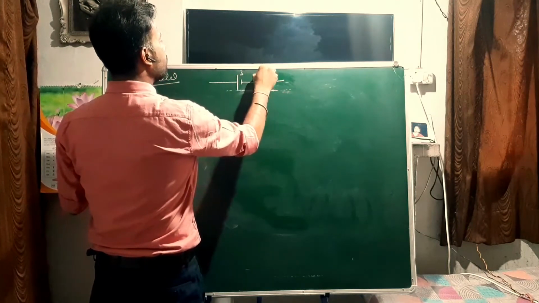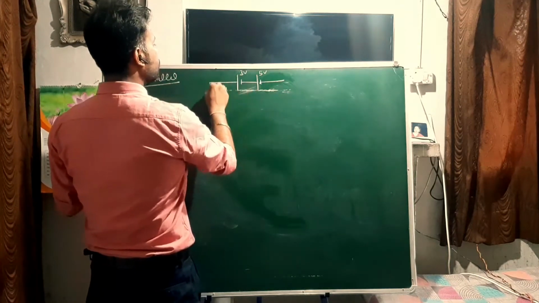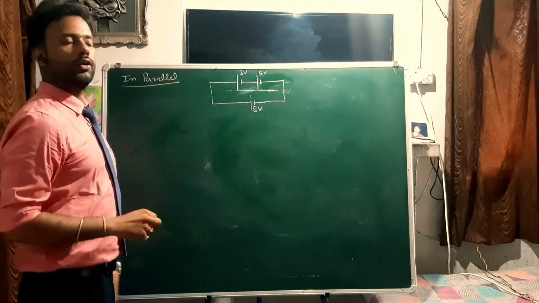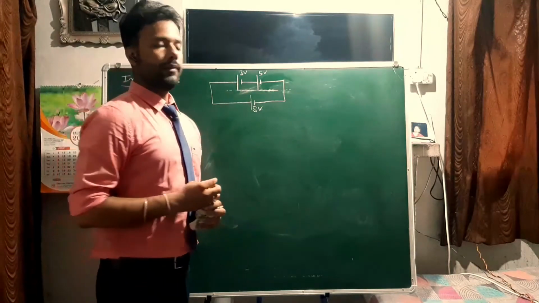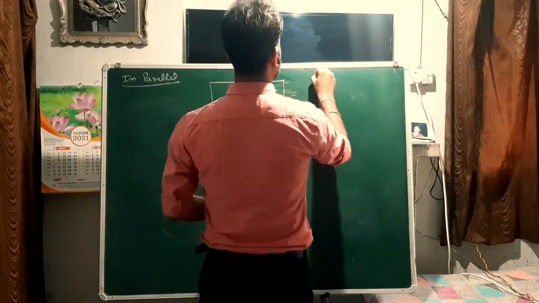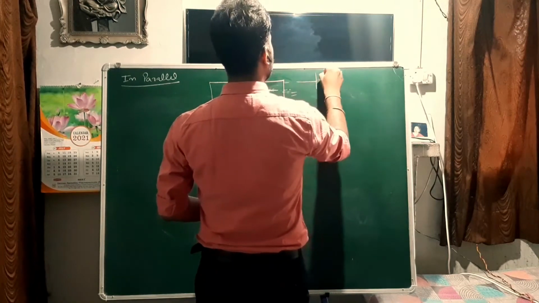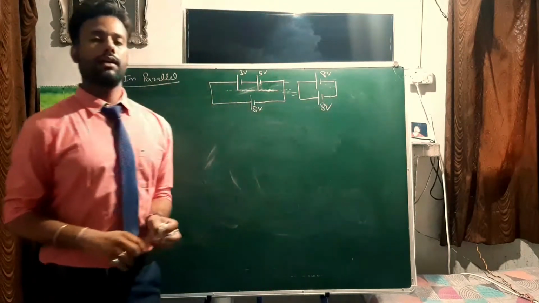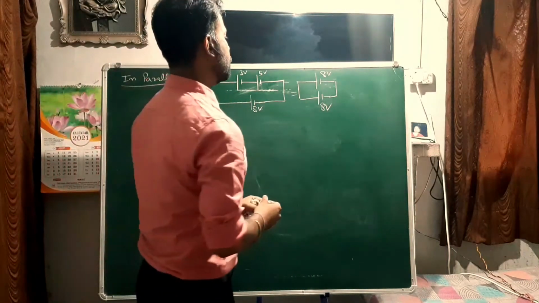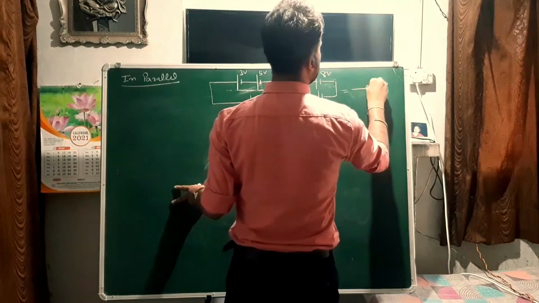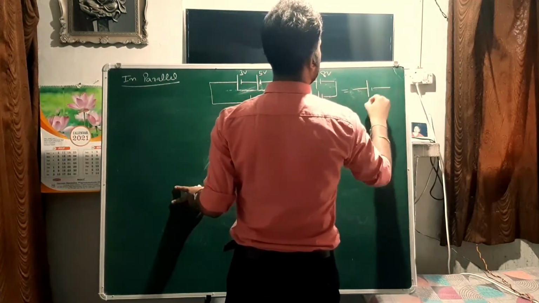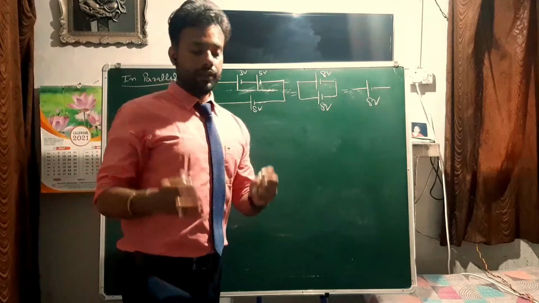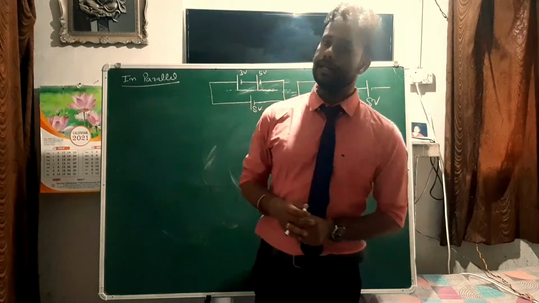This is 3, this is 5, and they are connected to 8 volt. Now you can see here, they both are in the same polarity. So this will give you 8 volt. Now 8 volt is connected across 8 volt, and you know that in parallel voltage remains same. So the resultant EMF will be again 8 volt. Alright, so this is how we solve when the cells are not identical.